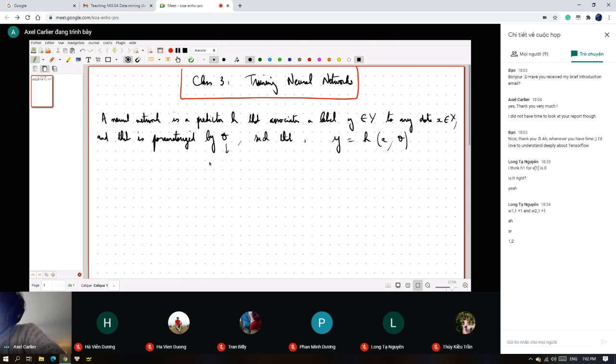Theta, remember, those are the weights and biases. You must be tired that I repeat that all the time, but I insist a lot on that because it's very important.